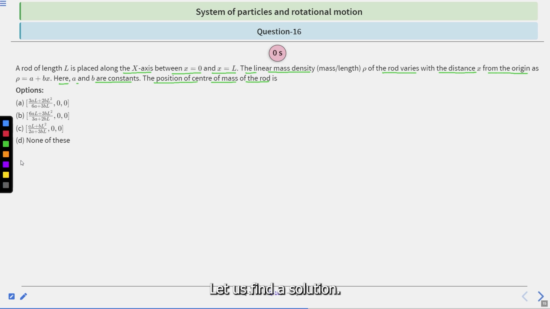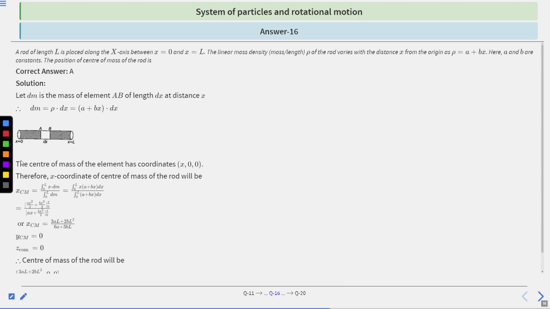Let's find a solution. So, let dm be the mass of element AB. Clear? Of length dx. Clear? Here in this figure, dm is the mass of the element of length dx. This dx. Clear?